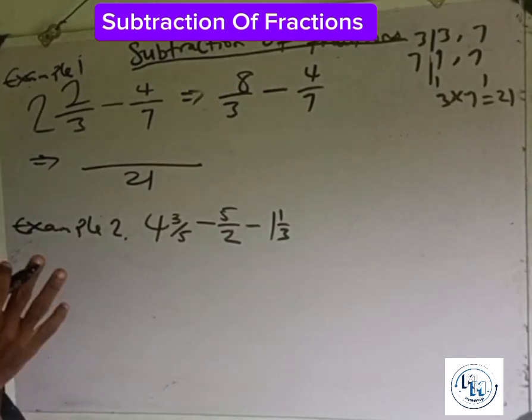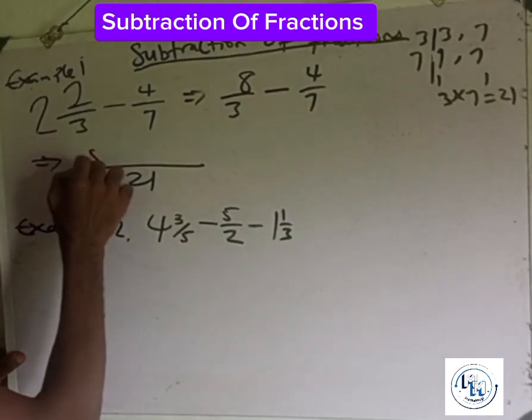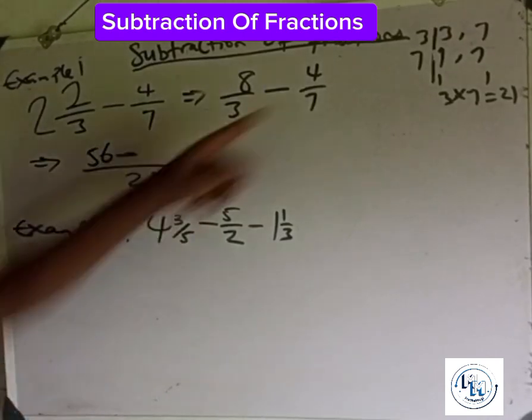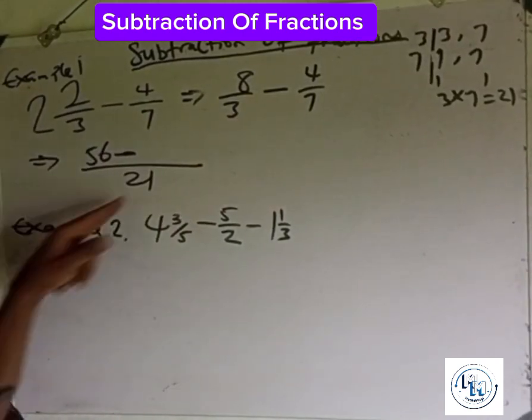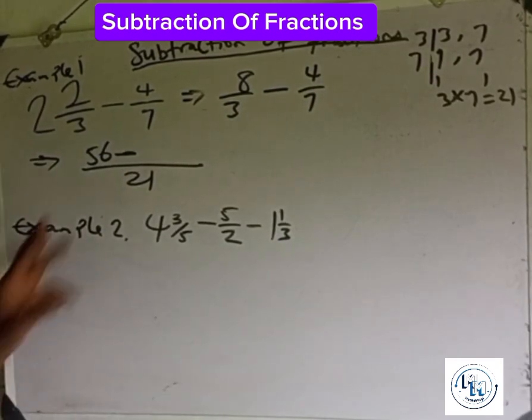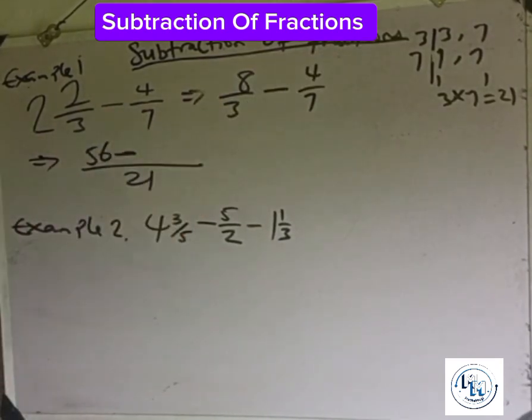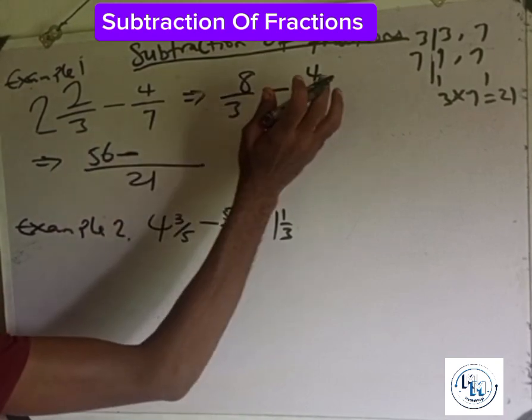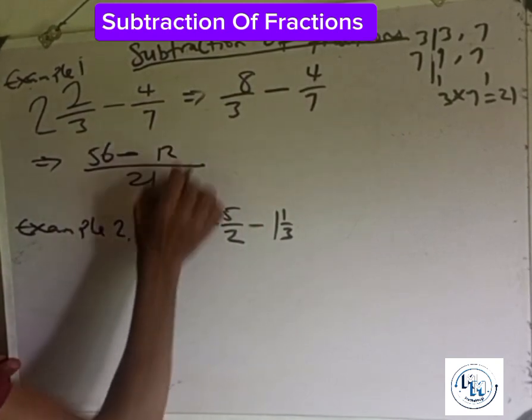Minus, I'll do the same thing here. 21 divided by 7 is going to give me 3, right? 3 times 4 will give me 12.